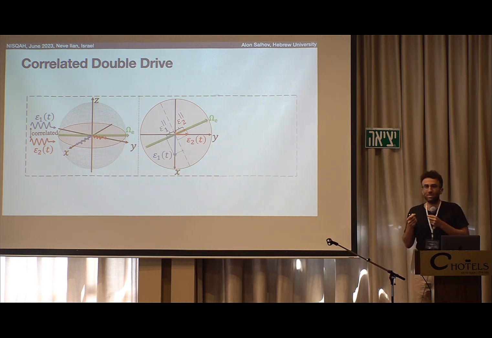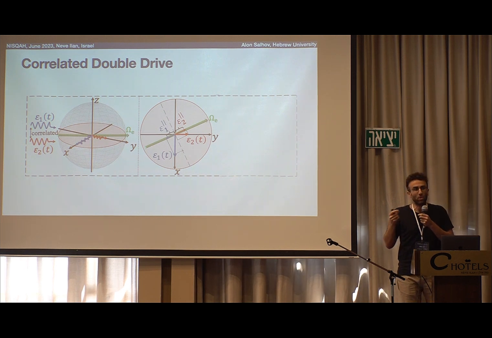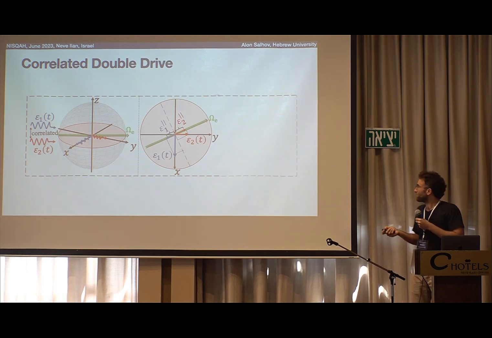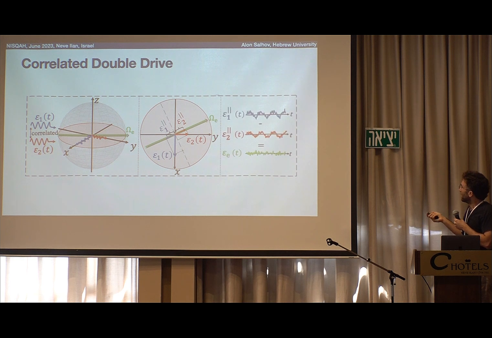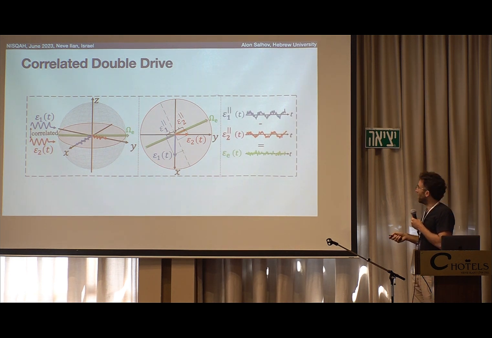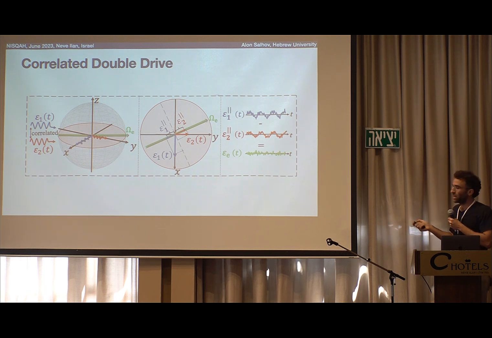And in fact, just to draw it this way and to claim that there is a definite sign relationship between noise terms is a manifestation of their cross correlation, right? Otherwise, it doesn't make sense. And what this means is that we destructively interfere these two noise terms to get an effective noise which is smaller.